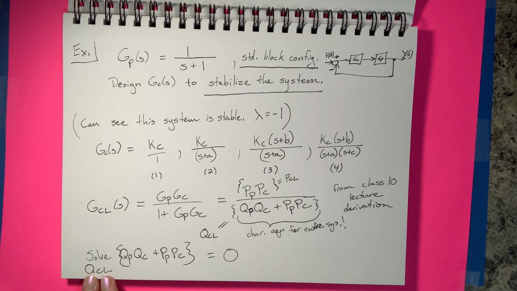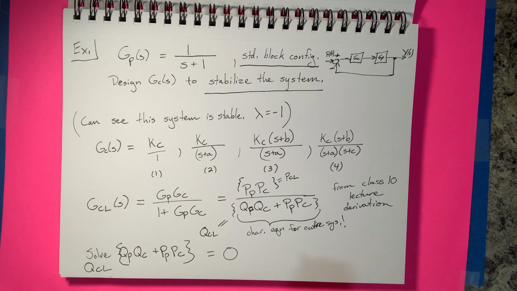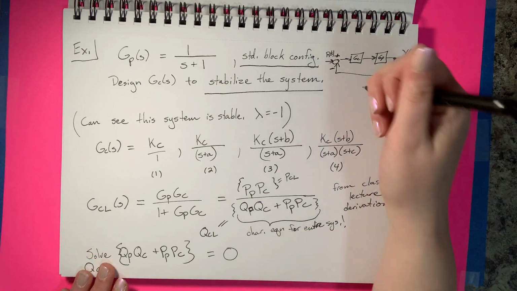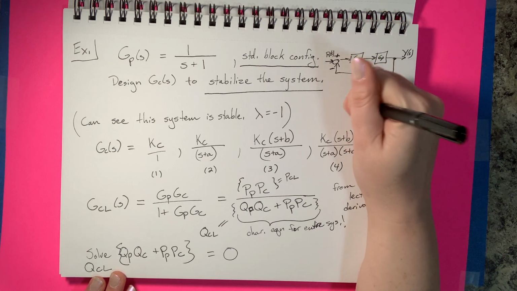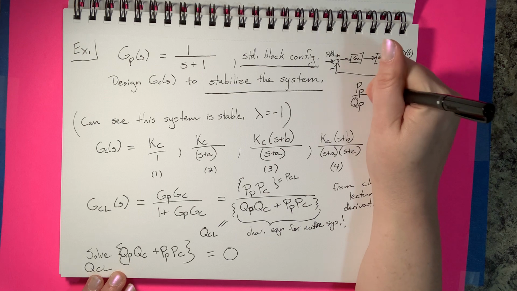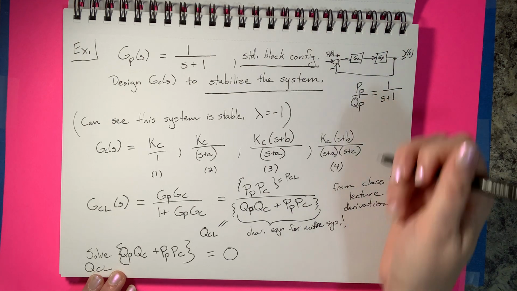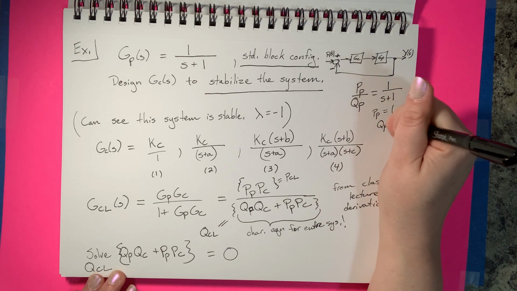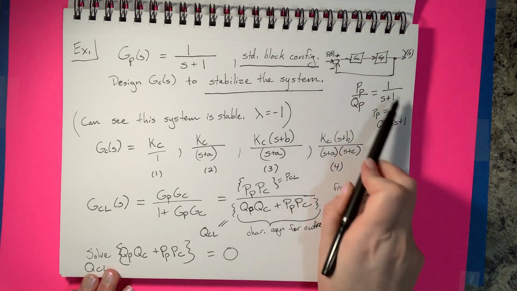So by setting QCl equal to 0, you can solve for the system roots, and we'll just leave them as S's. We won't bother plugging in lambdas here. That means that P sub P over Q sub P is equal to 1 over S plus 1. So P sub P is equal to 1 and Q sub P is equal to S plus 1. It's really handy if you write this out first.